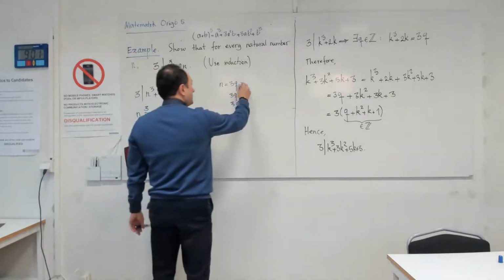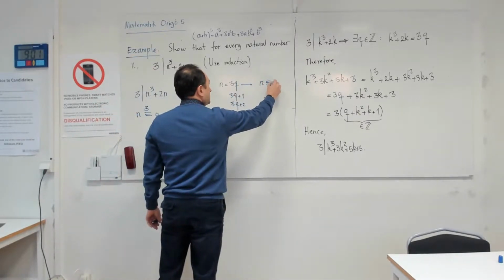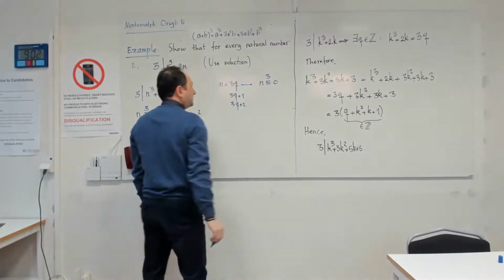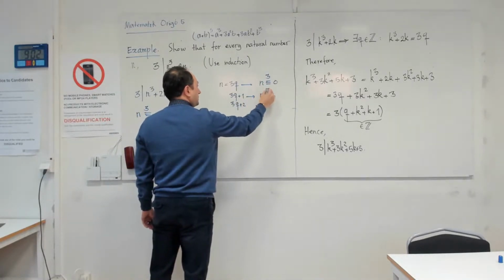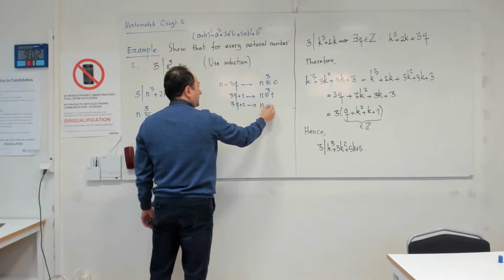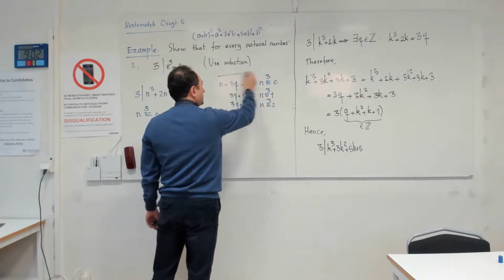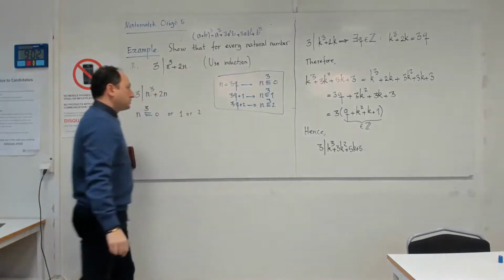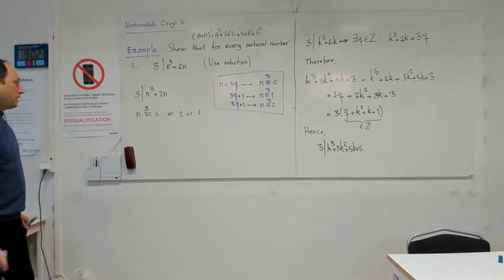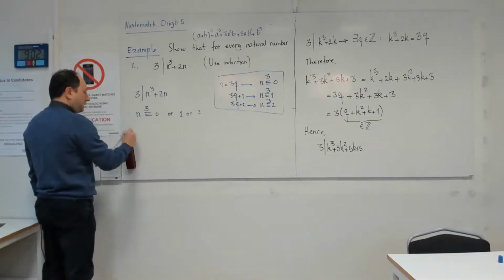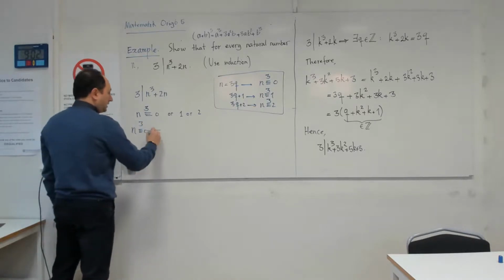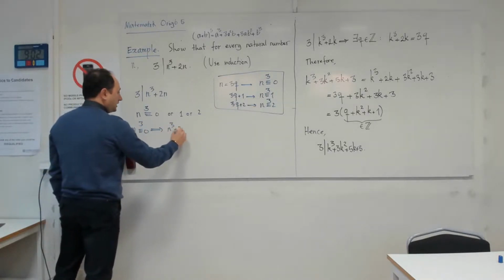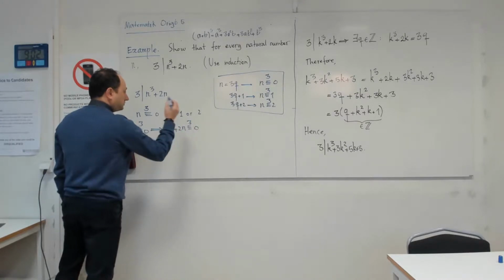So if this happens, this is 0 in modulo 3. This means that n is 1 modulo 3, and this means that n is 2 modulo 3. So that's important to remember if you have forgotten. Okay, so this means that if n is 0, then n to the 3 plus 2n is also 0.